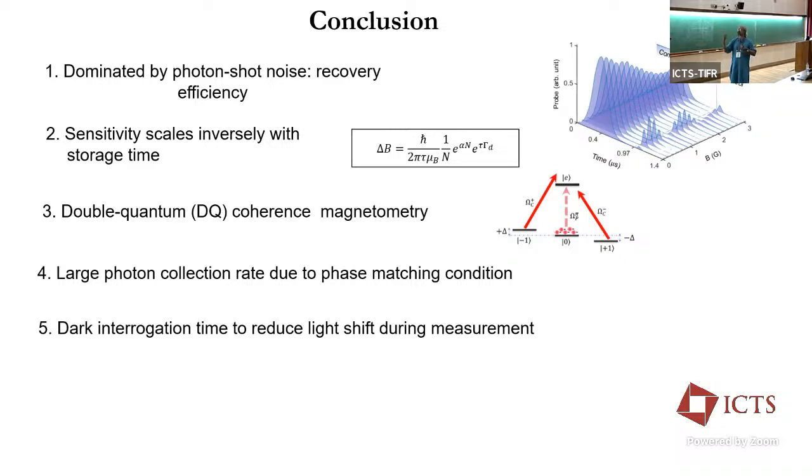There you need to send in a lot of photons, and you're collecting a very small amount in your detector solid angle. Here, there's a phase matching condition. It's exactly this physics: the same photon you are storing at the single level comes back in the same mode. So if you are doing it with many photons, it's an extremely directed emission directly towards your detector. That is extremely advantageous.